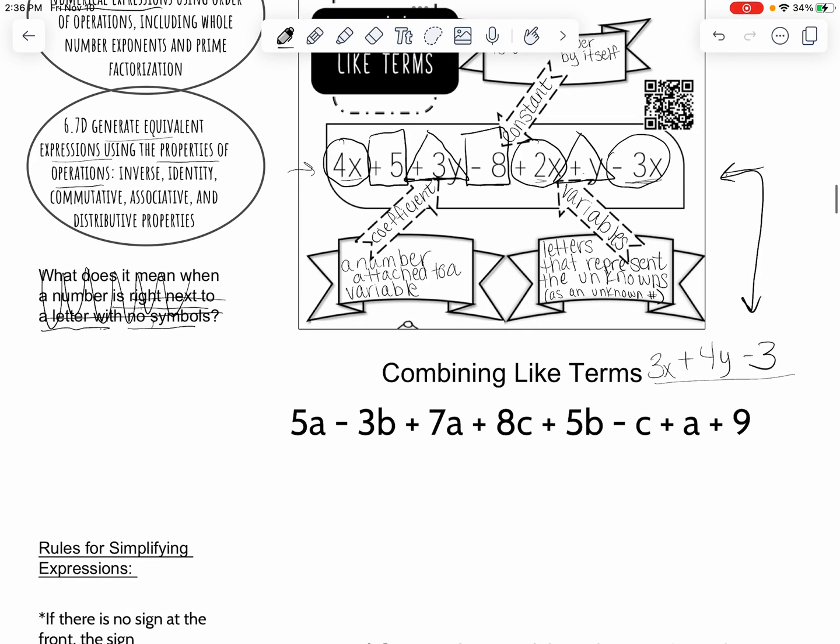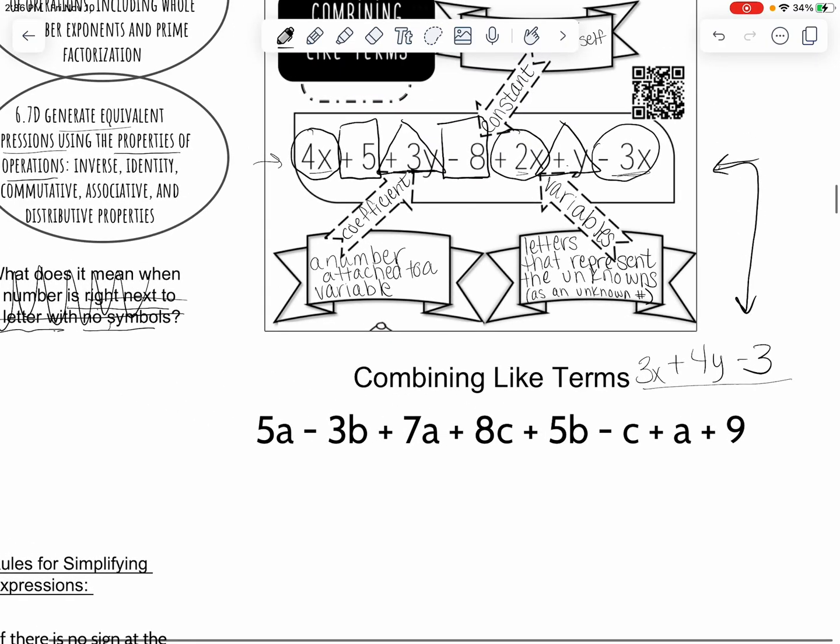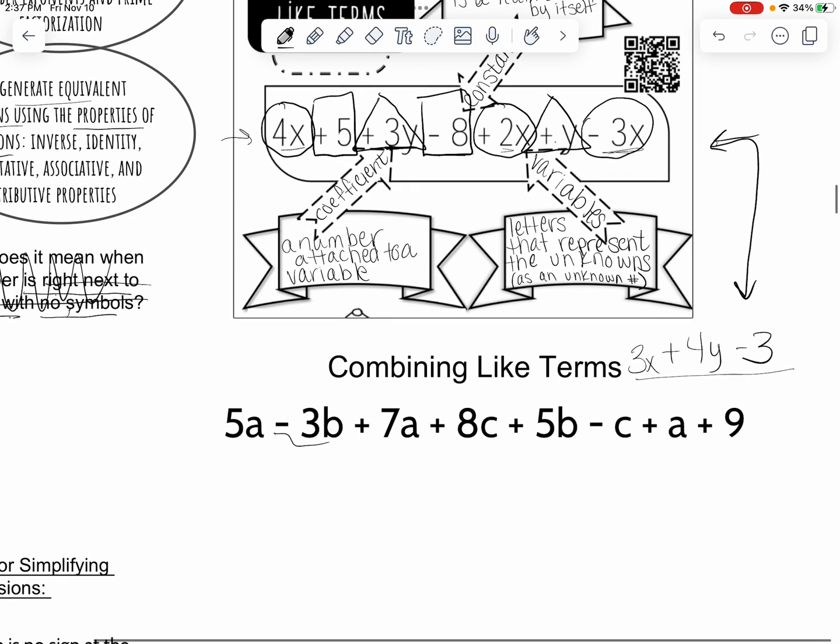All right, we're going to combine like terms right here. Okay, we're going to put shapes, the same shape on every number or every variable or like term. Make sure you put what operation is going on with the term to the right of it. Now, if there's nothing in front of it, it's always a given positive.